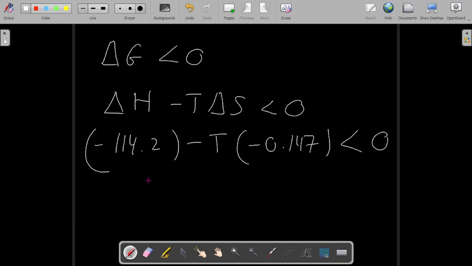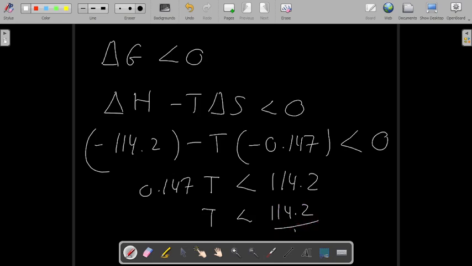Okay, so what do we have? This has become positive now. I hope you see that. Negative times negative. And this goes on the other side being a positive. So we have 0.147 times the temperature has to be smaller than 114.2. Okay, great, very good. So we can now put this number on the other side dividing.